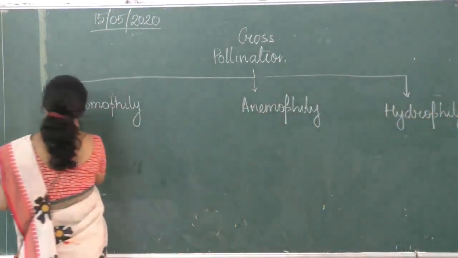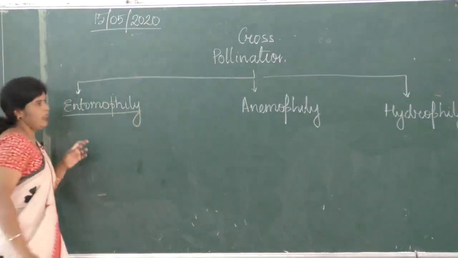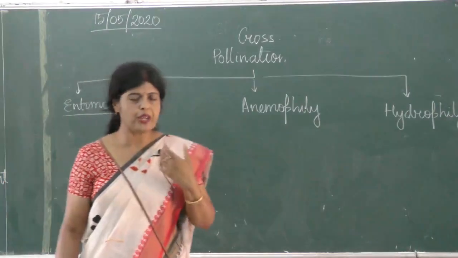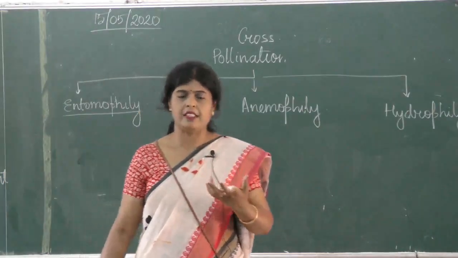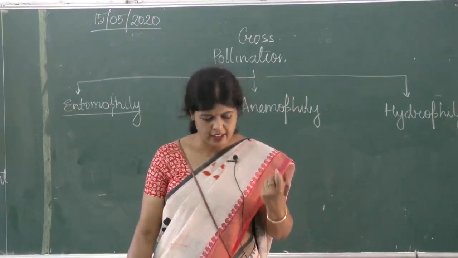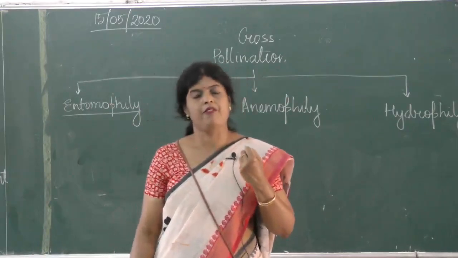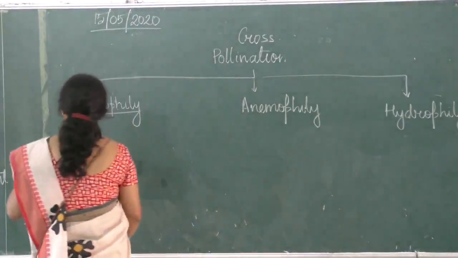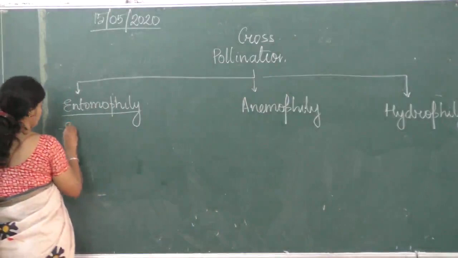Entomophily means, phily means affinity, love. So entomophily is insect loving flower. These kinds of flowers have to attract insects. For that, the flower has to be very showy.